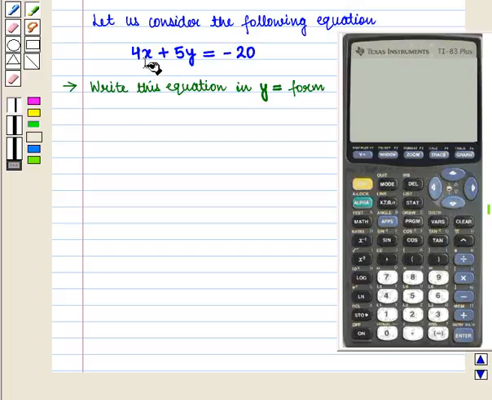First of all, we will write this equation in y is equal to form.